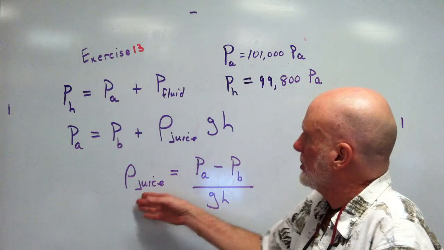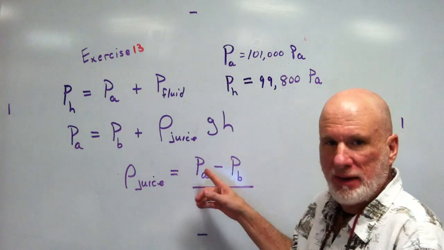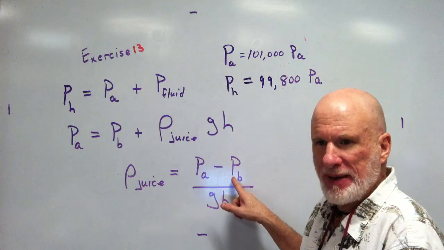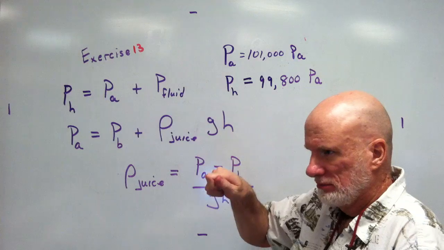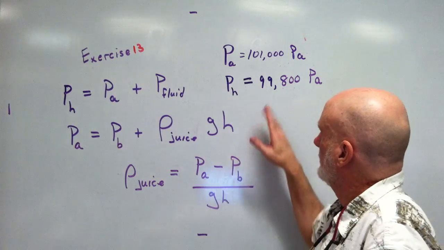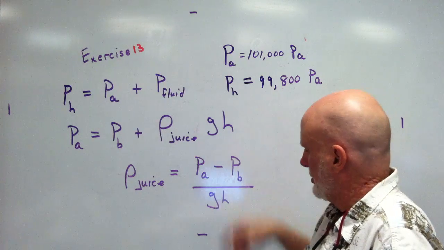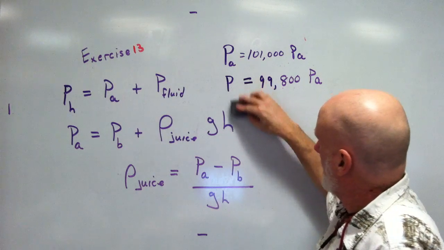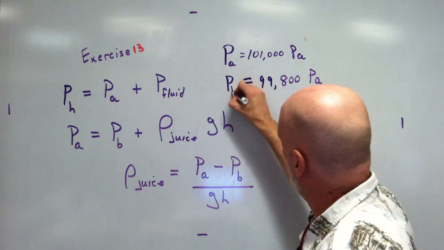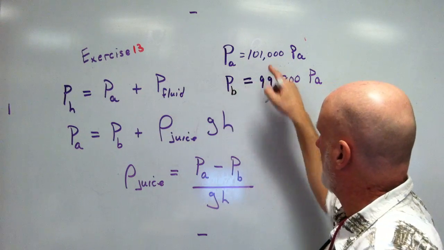So the density of the juice is going to be the atmospheric pressure minus the pressure created by the baster, divided by gh. Try to do that. Here's the baster pressure. Here's the atmospheric pressure.